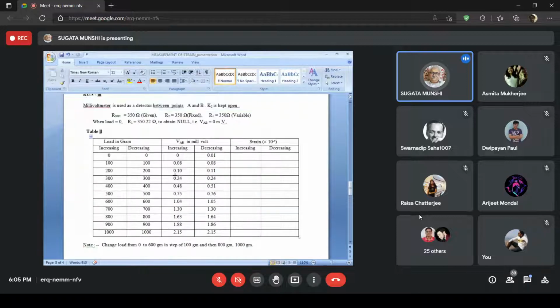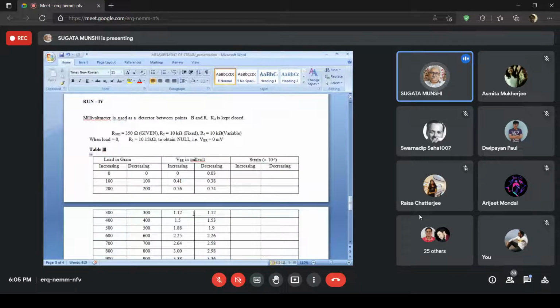By using the sensitivity value. What is the sensitivity value? VAB by VS divided by delta R by R. This value you have obtained. So from it you have to calculate the value of strain. You can easily do that from the measured values of VAB.